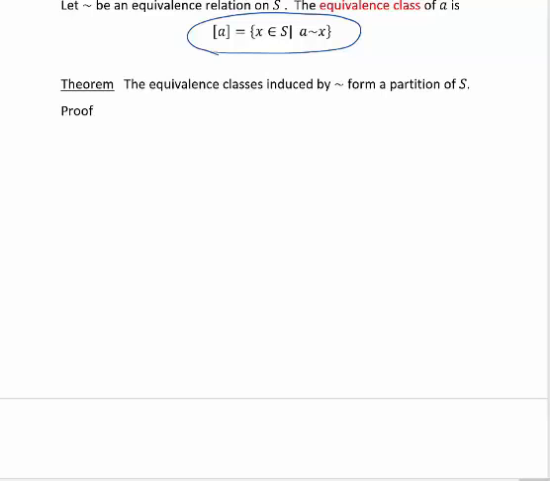One, be sure and look at the notation that I use, and I'm going to, in red, write some little notes for you on how to prove things. So we begin by saying we want to prove that the equivalence classes induced by squiggle form a partition of S. So we must show that the union is all of S and that any two of the equivalence classes that are not equal, in fact, have nothing in common.